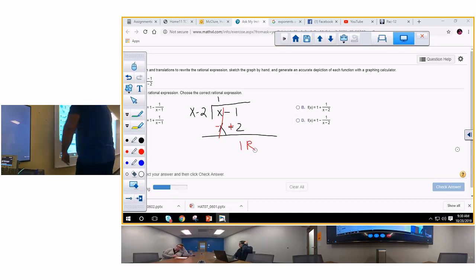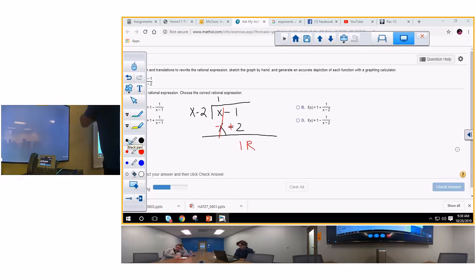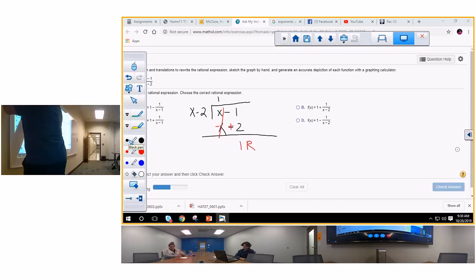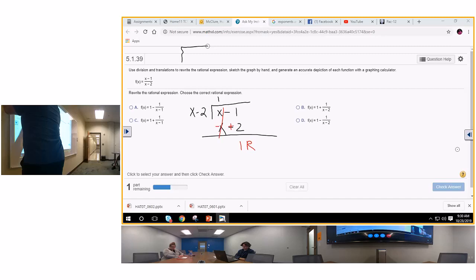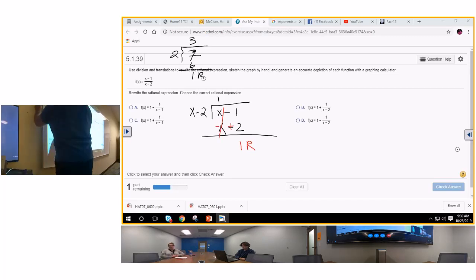So I'm going to rewrite my answer as, well, let's go back to 2 into 7. 2 will go in there 3 times. 3 times 2 is 6 with a 1 remainder. So our answer is 3 and 1 over 2.